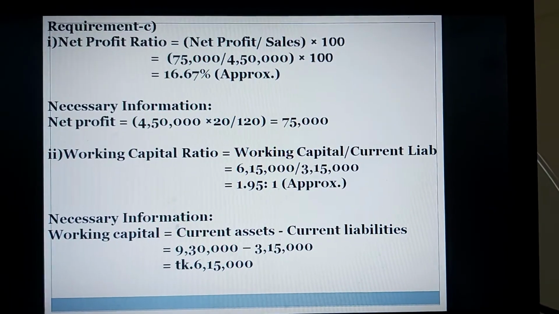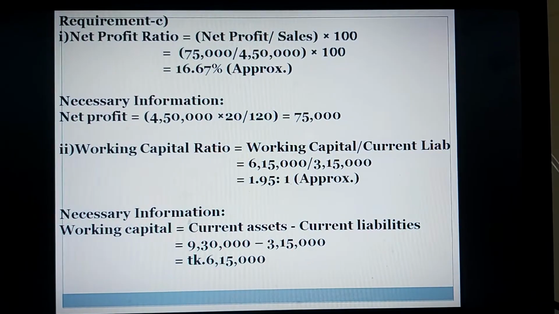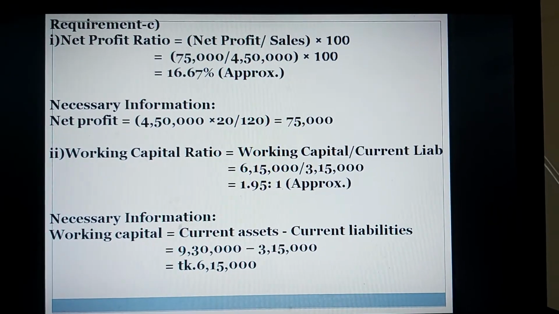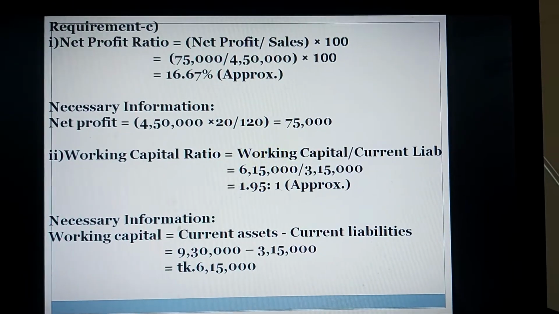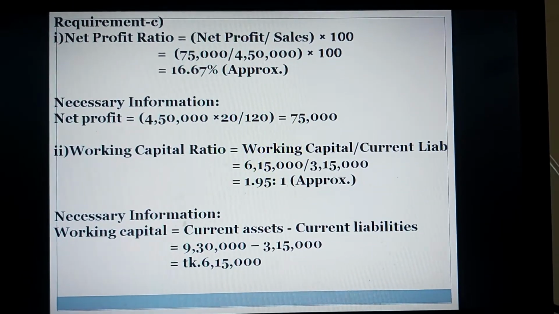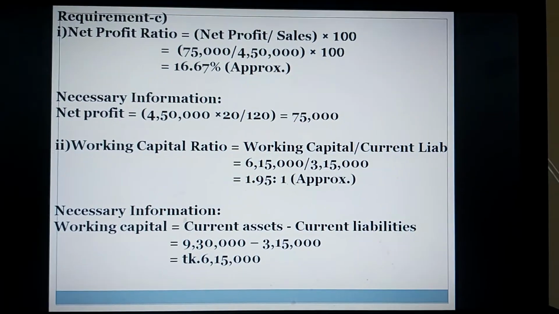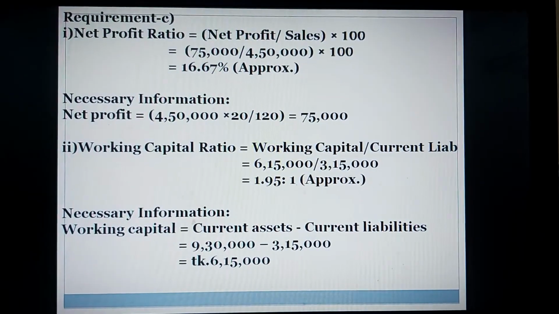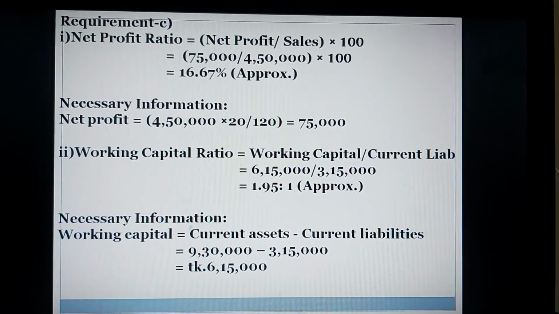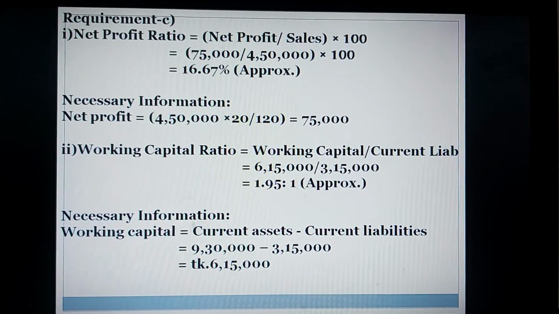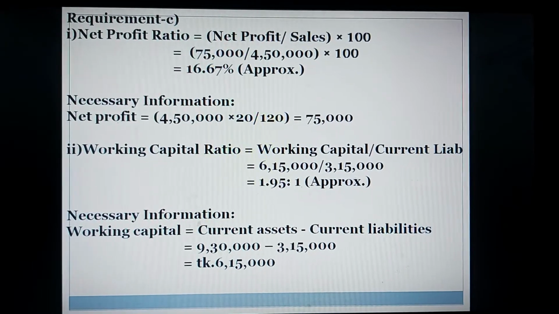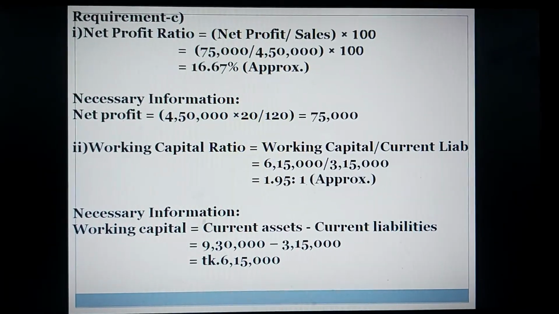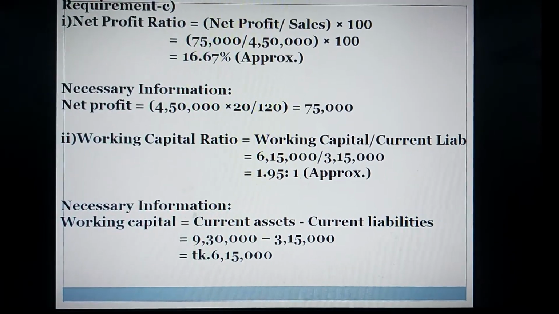In this requirement, that is requirement C, another calculation is available, that is to compute the working capital ratio. You know, working capital ratio is the current capital ratio. Okay, now you can tell what is the formula of working capital ratio.